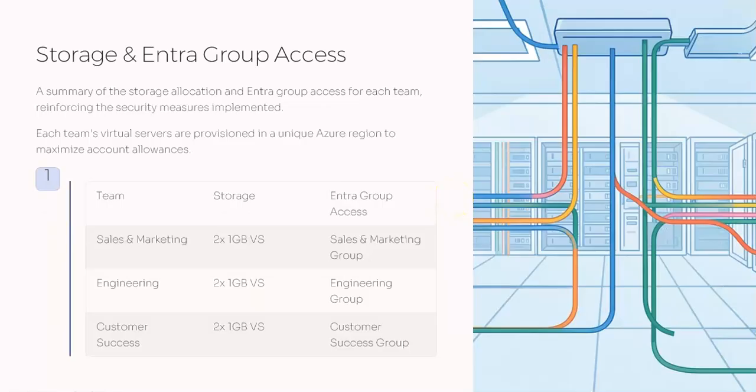For the storage and Entra group access, this table summarizes the relationship between storage resources and Entra group access. Each department here has two virtual servers with dedicated storage, and access is strictly limited to the corresponding security groups.